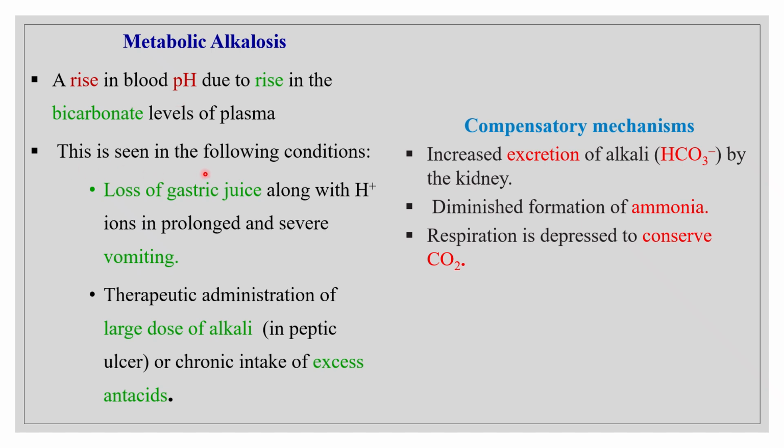And this is seen in the following conditions: loss of gastric juice along with the H plus ion in prolonged and severe vomiting. Then therapeutic administration of large doses of alkali, like in peptic ulcer, or chronic intake of excess antacids, people suffering from hyperacidity. So these may be the causes for metabolic alkalosis.